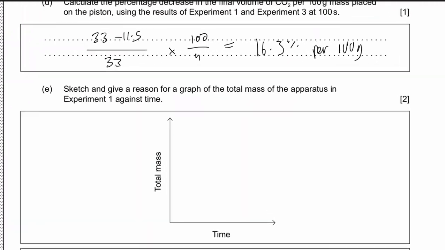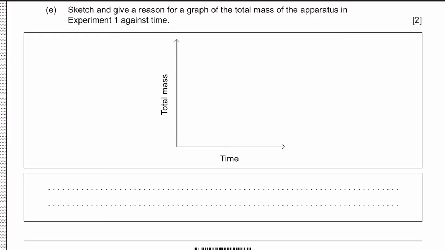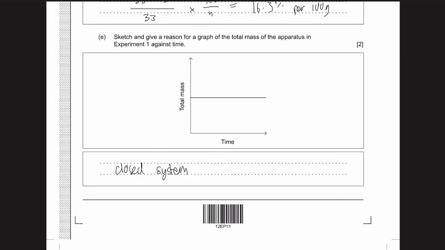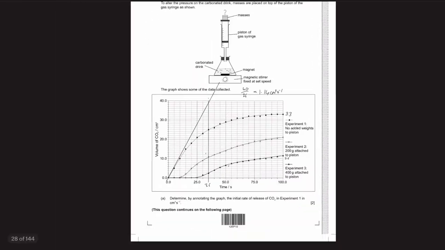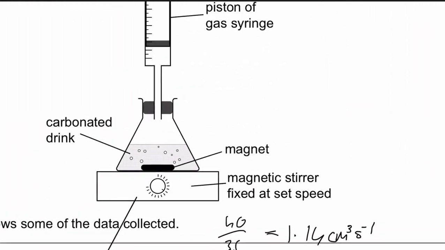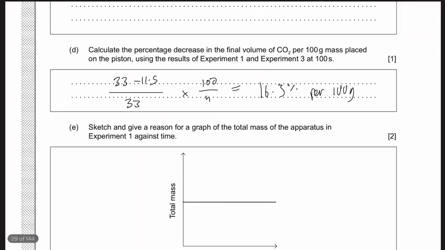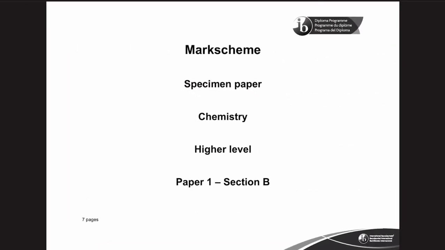Okay. So I think the graph will look like this. And the reason is we have a closed system, right? So we'll have a constant mass regardless of the changes in volume of gas and amount of liquid. Our total mass will be the same because it's a closed system. The mass is not going to change. Oh, there we go.